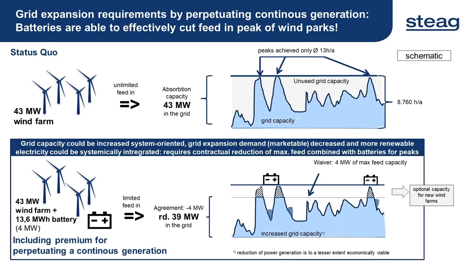And then I was asking, how about the contract between the wind farm and the grid operator? There are different ideas about this in Europe, of course, but in Germany it's like this: there's no real contract about limiting the feed-in.